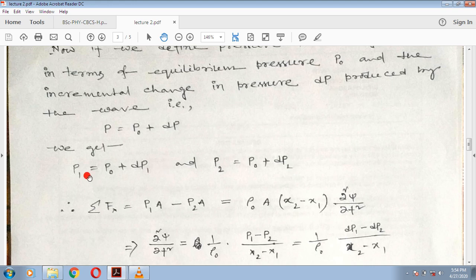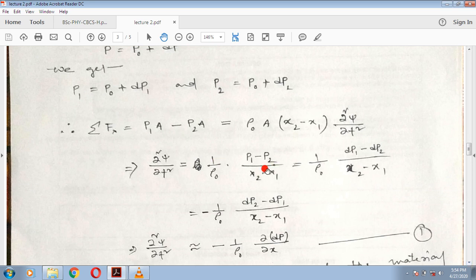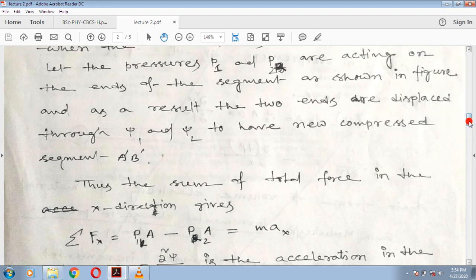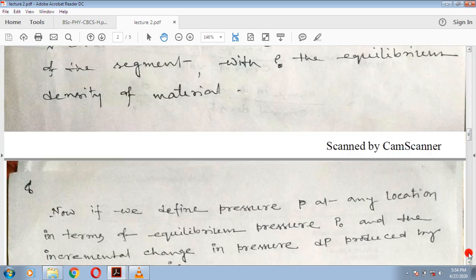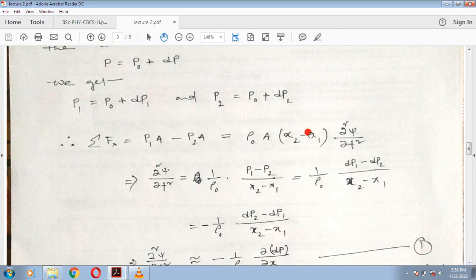So force P1A minus P2A will be what? We will calculate it. P1A minus P2A equal to rho naught A x2 minus x1 del 2 psi del t square. Here small delta x is expressed in this way: x2 minus x1, and del 2 psi del t square is the acceleration.